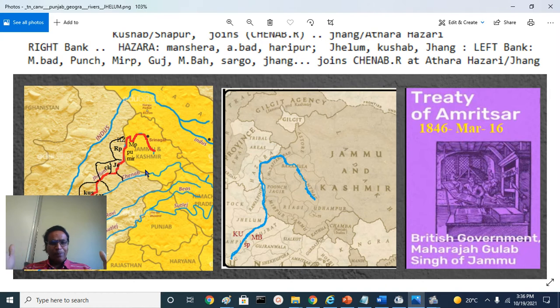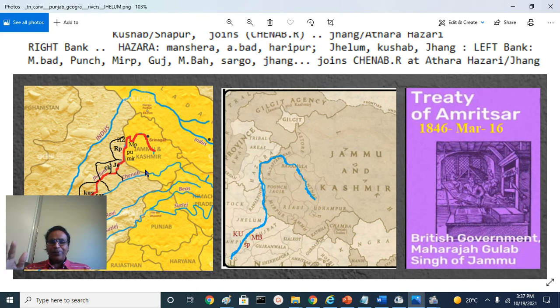It was an independent treaty signed between the representative of Lord Hardinge, the British Governor General at Fort William, that is Bengal. He sent Frederick Currie and other important dignitaries, representatives of the Governor General. Lord Hardinge signed the document.